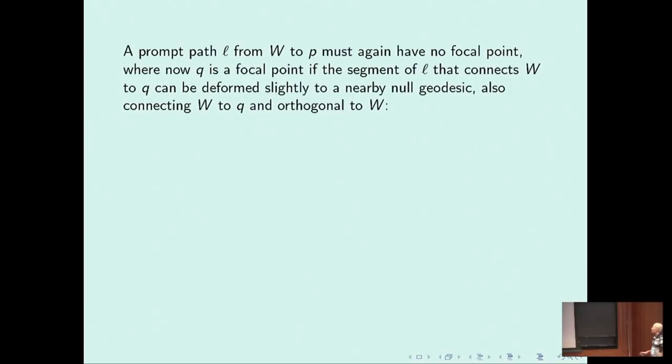So a prompt path, to be prompt, a path from L to W must again have no focal point, where the definition of a focal point is similar to what it was before. The blue geodesic has a focal point at Q if this segment can be deformed to a nearby null geodesic that's also orthogonal to W. And the proof is the same as before, if you can make such a deformation.